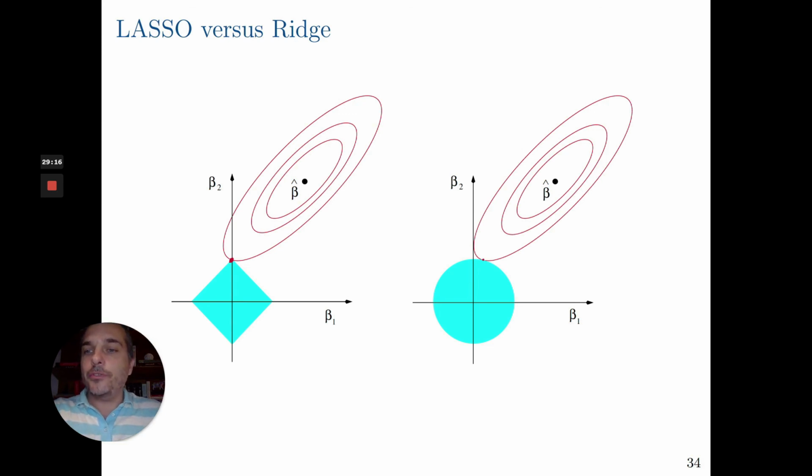And why can Lasso do variable selection and ridge not? Because this is continuous, you have no kinks in the surface. It will be extremely difficult for the intersection of this curve here with the restriction surface to be exactly the 0 point.